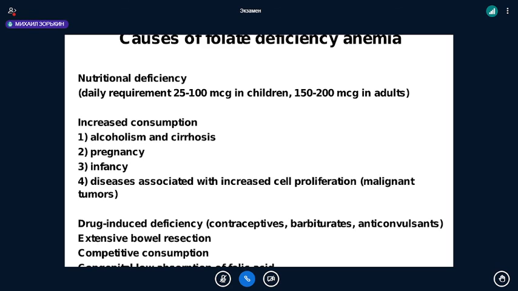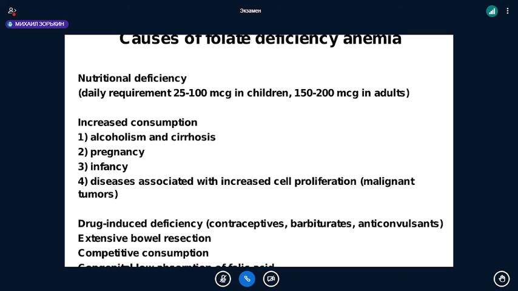And another problem can also be associated with similar symptoms. It is folate deficiency. So nutritional deficiency usually leads to that. Increased consumption in the case of pregnancy. Pregnant women are always diagnosed with folate deficiency because it also can have some unfavorable consequences for the fetus.